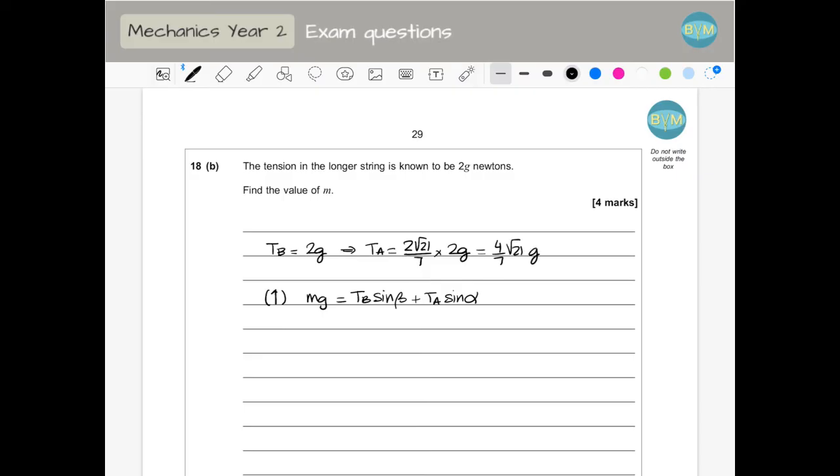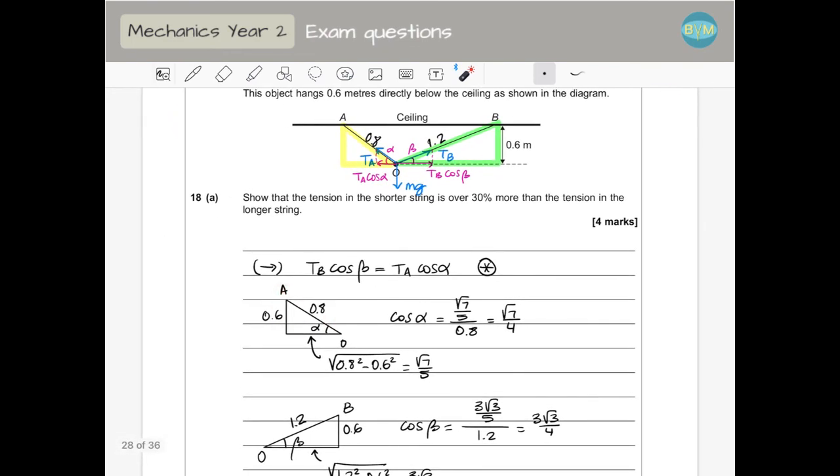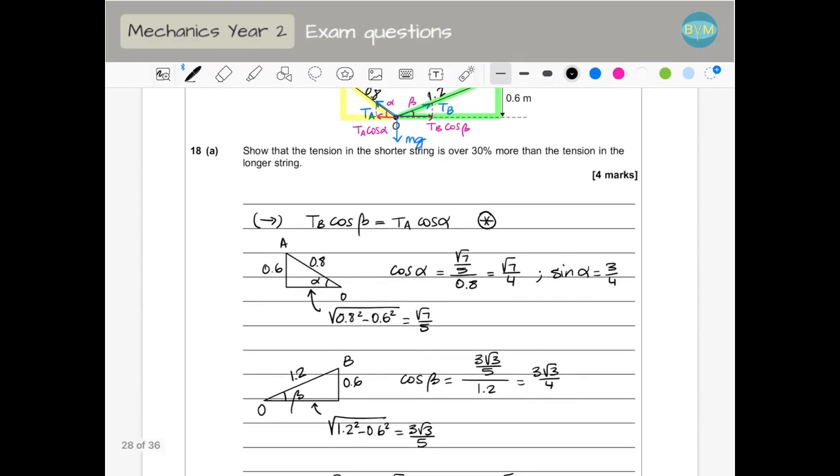So we know both tensions, and we know sine beta and sine alpha from these triangles. So sine alpha is opposite divided by hypotenuse, so 0.6 divided by 0.8, which is 3/4. And sine beta from this one is 0.6 divided by 1.2, which is 1/2.